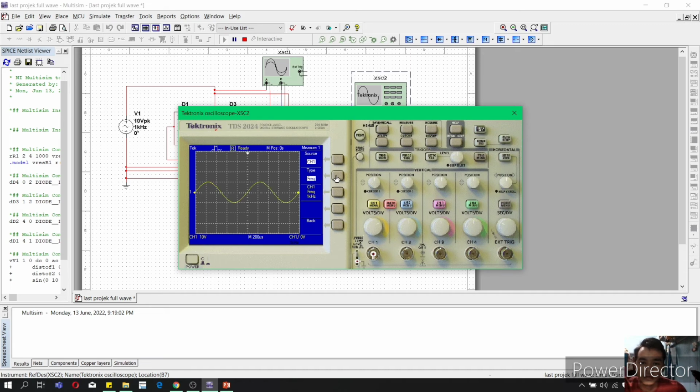So the frequency is 1 kilohertz and the period is 1 millisecond.